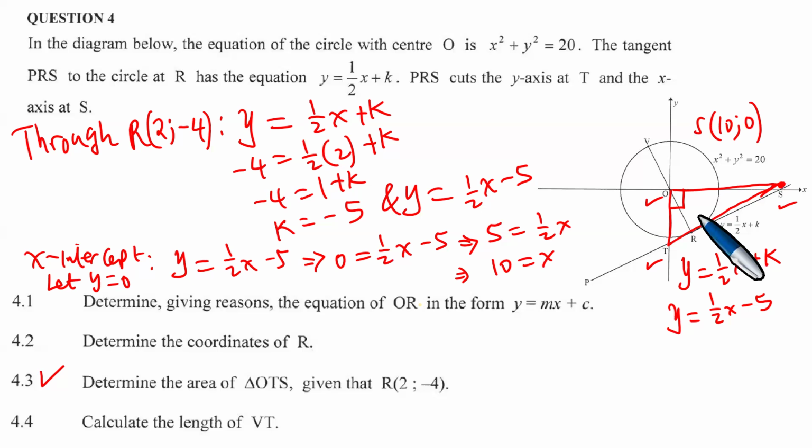Right, so we continue to analyze these questions and look at what we can do better. We know that this is 10 for x. It is exactly 10.